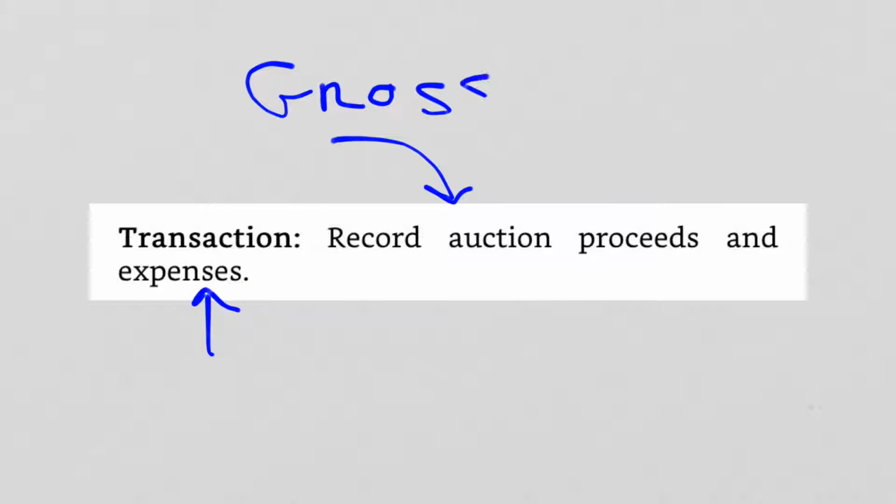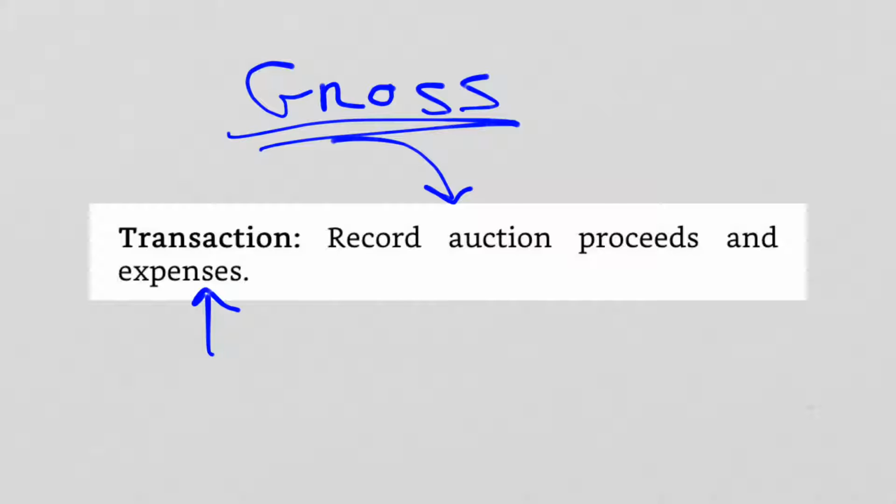So we'll book the amount that they sell for at auction as the proceeds, the revenue from the fundraising event. So that's what this says: record the auction proceeds and the expenses, and these will be recorded at the gross amount. That's the general rule today. The AICPA and the FASB say we should not, which means shall not, which means don't do it.